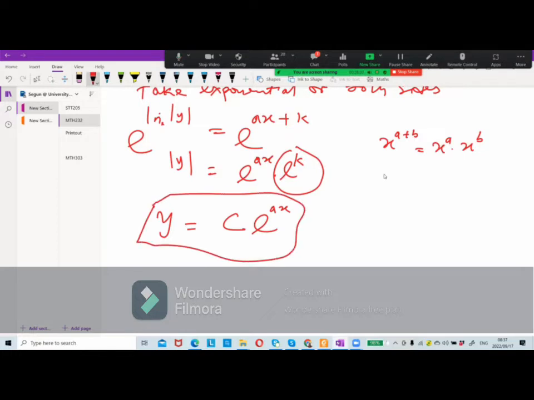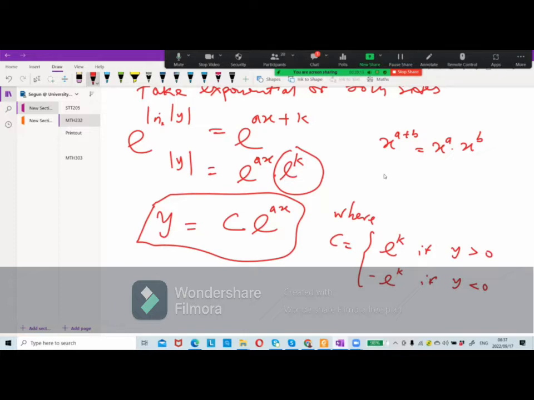But note, C can be in two forms. It can be exponential k if y is greater than 0, then negative exponential k if my y is less than 0. Remember, we are dealing with modulus, with absolute value up there.